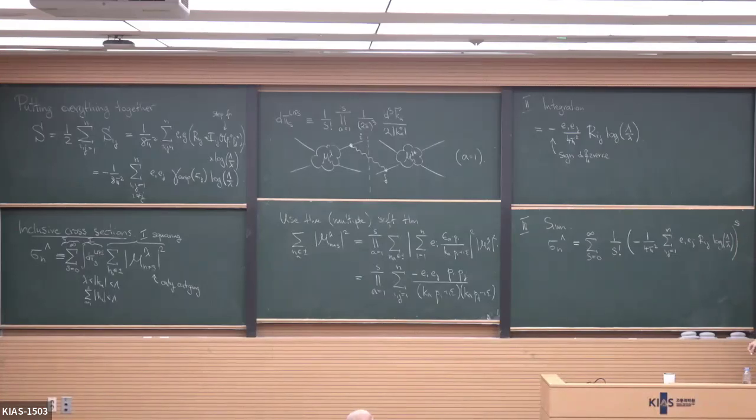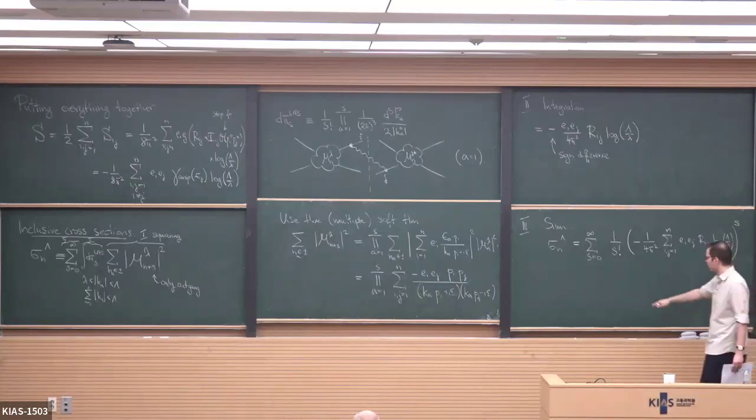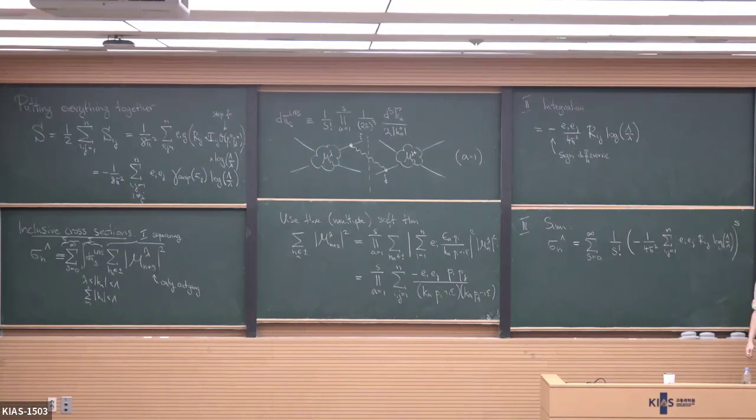Then, because of the multiple soft theorem, what I get after including multiple of those states is just the same exponential multiple times. Okay?